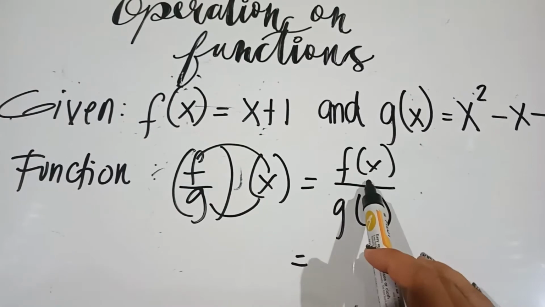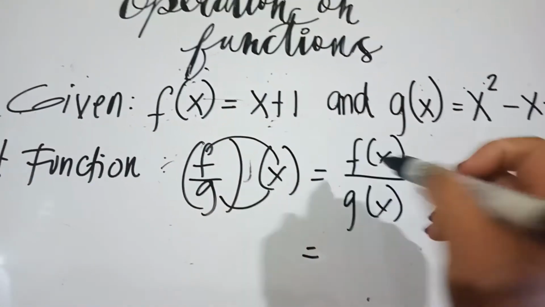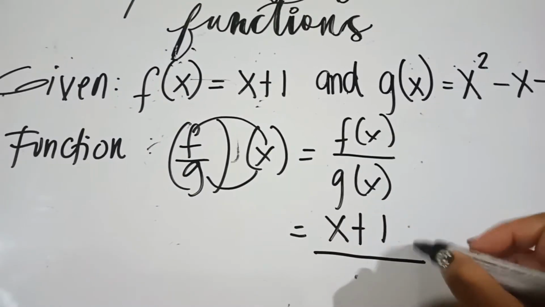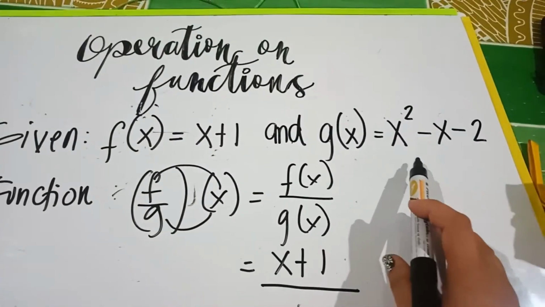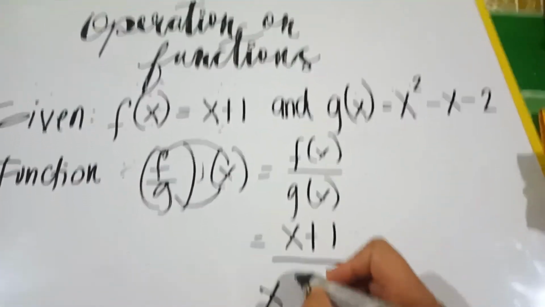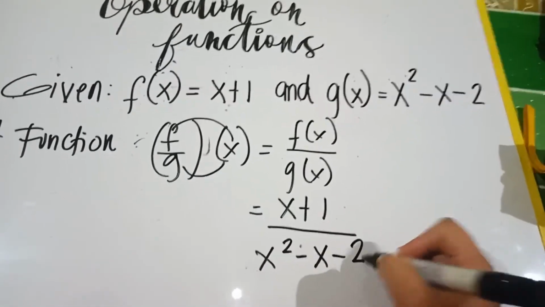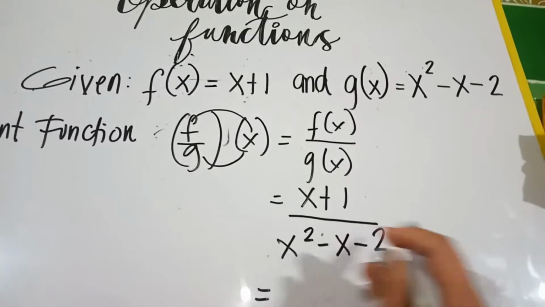So the value of f of x is that we have x plus 1. So x plus 1 divided by g of x is equal to x squared minus x minus 2. And then is equal to.